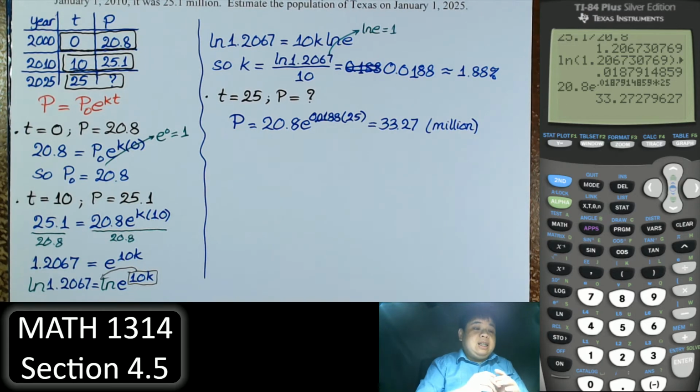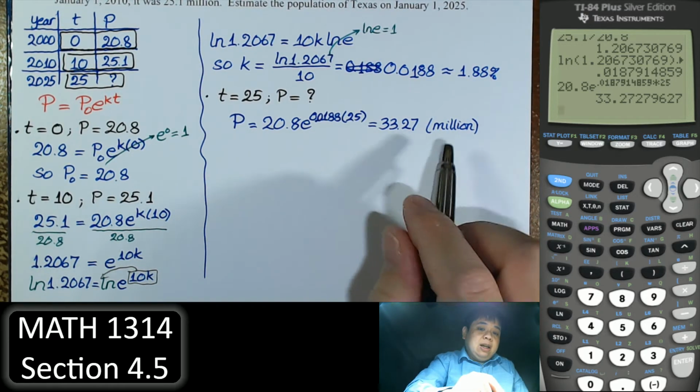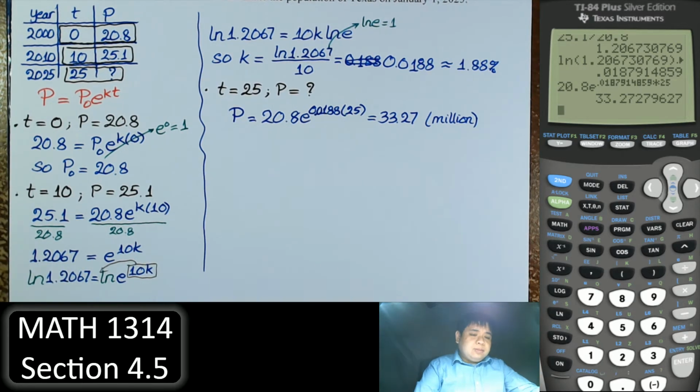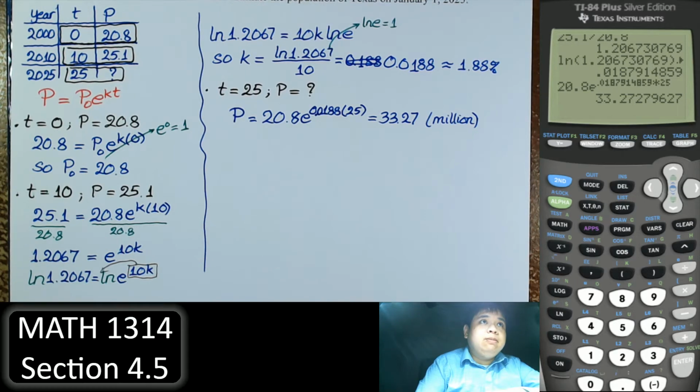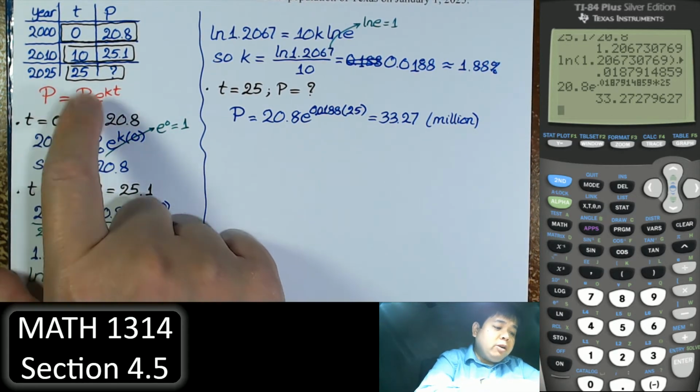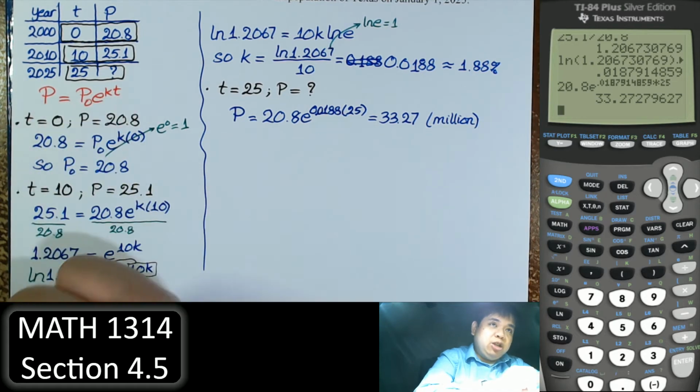But in this case, we assume that the rate is 1.88% since 2000. So bottom line is we just have this formula: initial amount, future amount, and then exponential term.